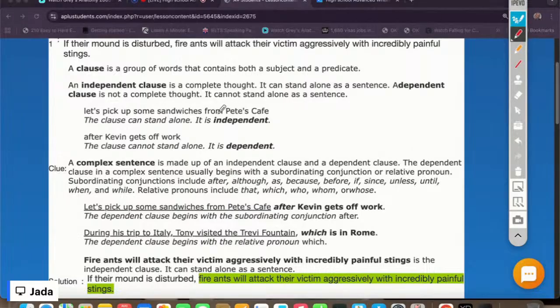Okay, so a clause is a group of words that contains both a subject and a predicate, all right?